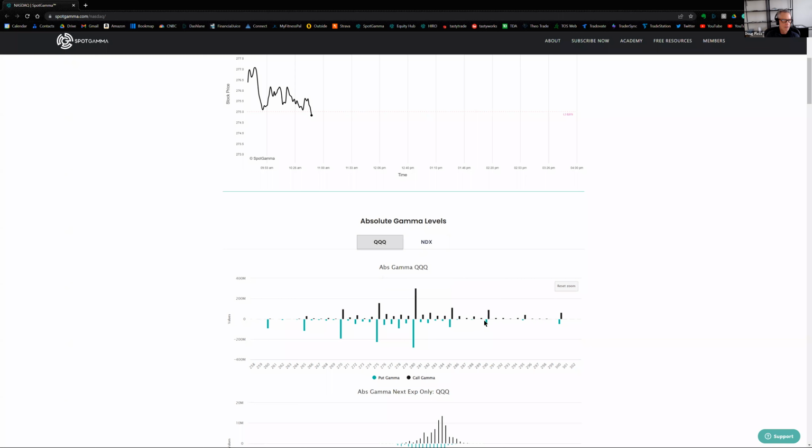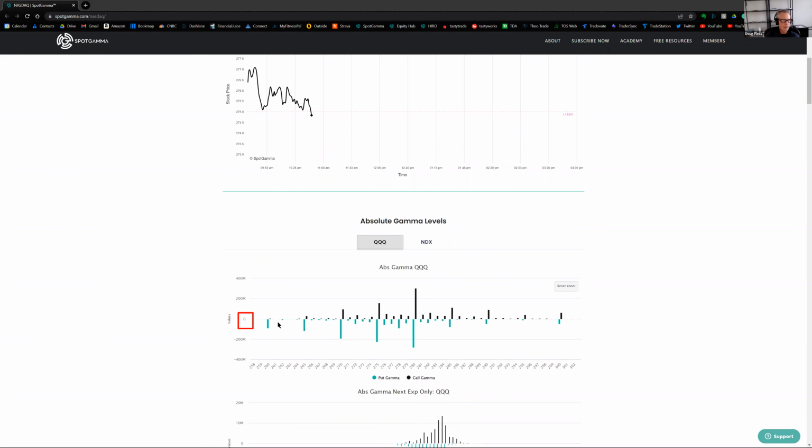And then this is the call wall at the 290 level, again, the strike with the largest net positive gamma. And then the put wall at the 270 level, and that is the level with the largest net negative gamma. What this graph is showing is put gamma or negative gamma below the 0 line, shown with the teal color, and positive gamma or call gamma above the line.